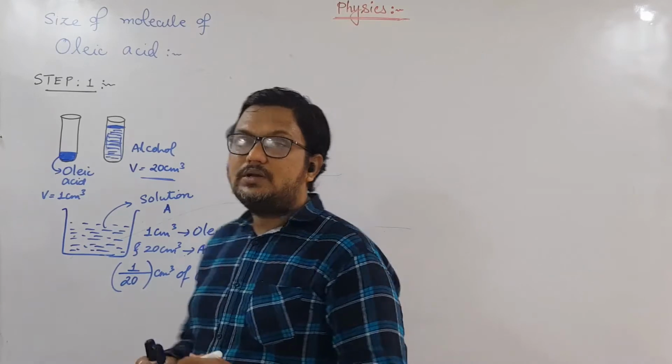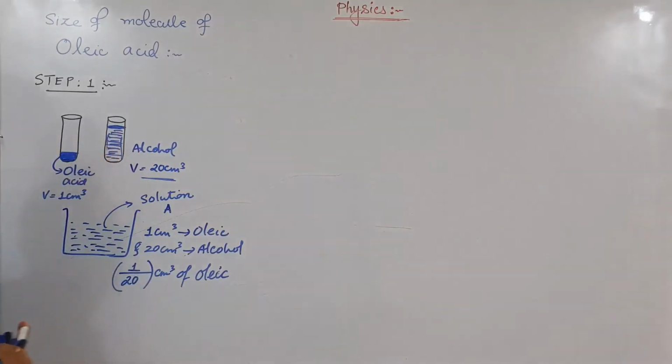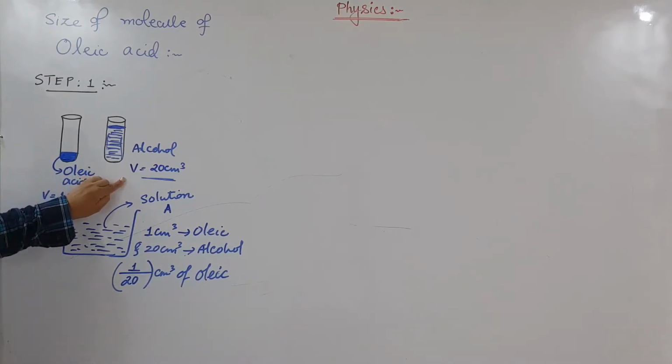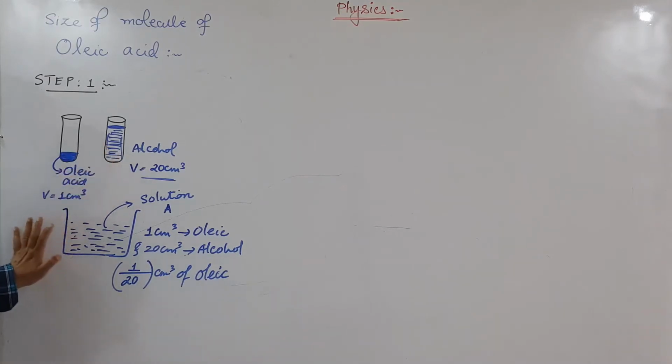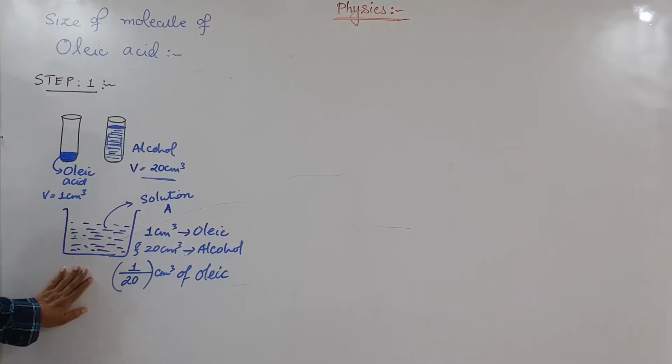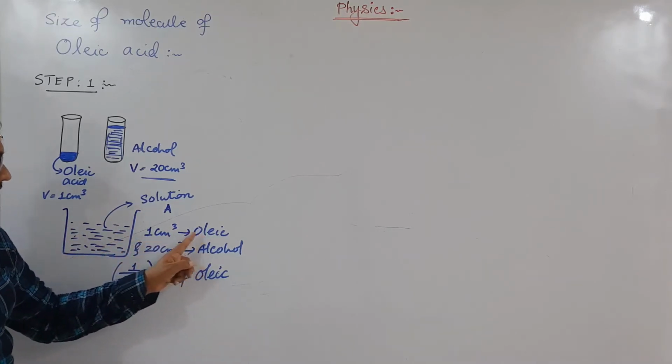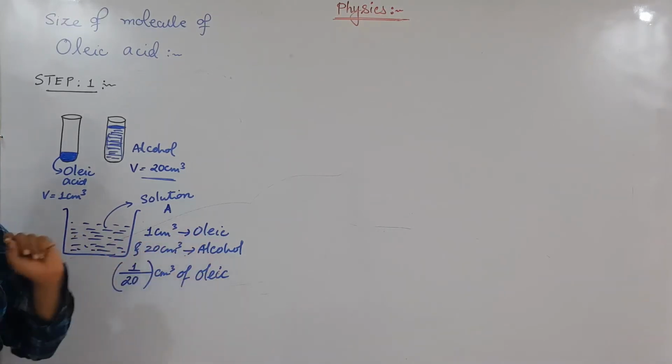Look what we have done here. Again we will revise. We have taken 1 centimeter cube of oleic acid and 20 centimeter cube of alcohol. Now we are going to mix this in a container, let us say container A or beaker A. We have named this beaker as A. Now in this beaker A, we have 1 centimeter cube of oleic acid and 20 centimeter cube of alcohol.